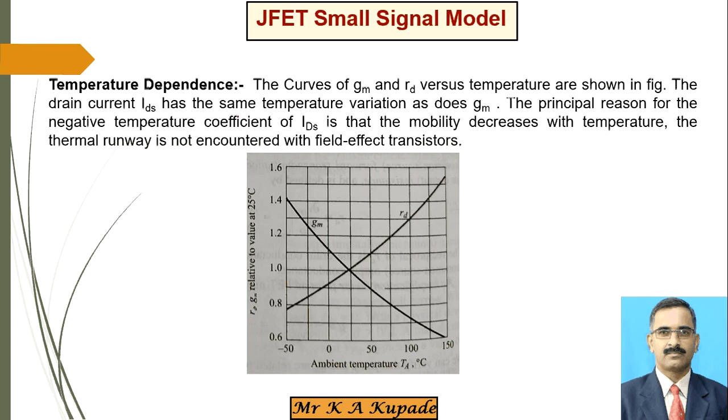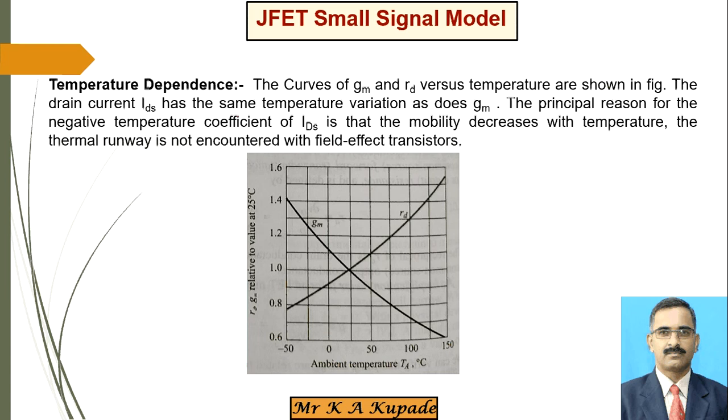Now the drain current IDS has the same temperature variation as the transconductance. So the principal reason for this negative temperature coefficient of IDS is that the mobility decreases with the temperature. Okay, mobility decreases with temperature. The thermal runaway is not encountered with the field effect transistor.